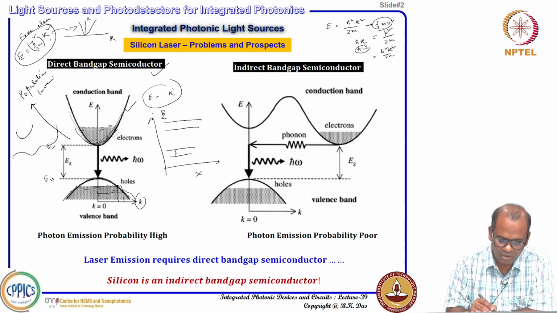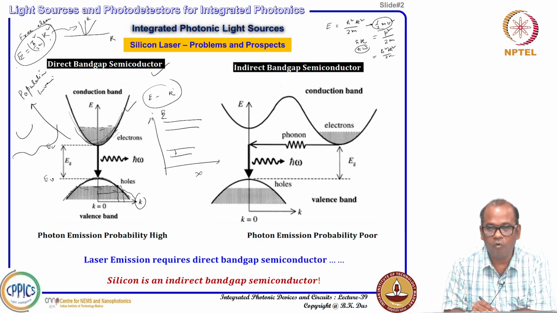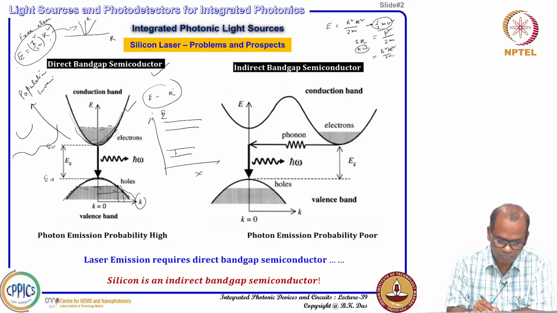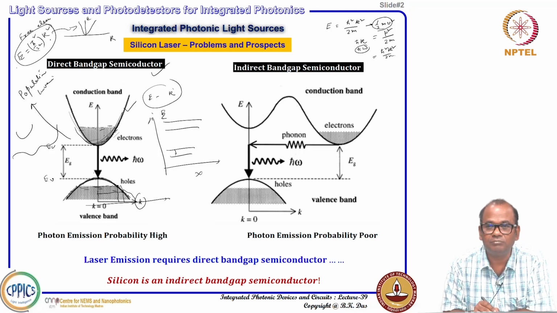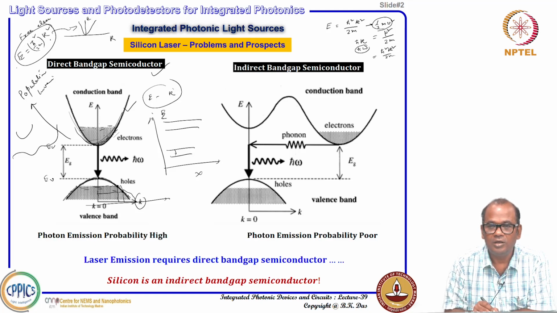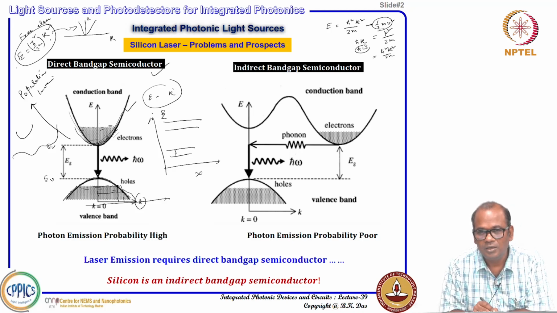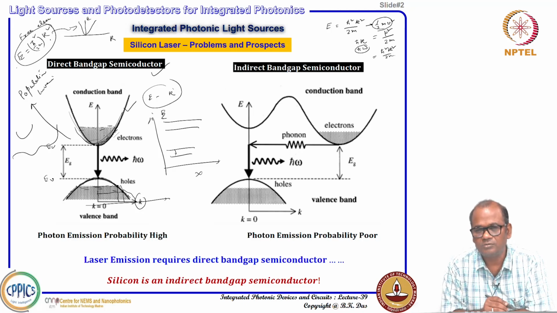So, if some electrons from the bottom of the conduction band try to recombine with the holes at the top of the valence band, then you see it comes directly, and this is the k axis. The same momentum, the electron jumps, and it does not need to change its momentum, and then maybe a little bit of momentum can be changed.